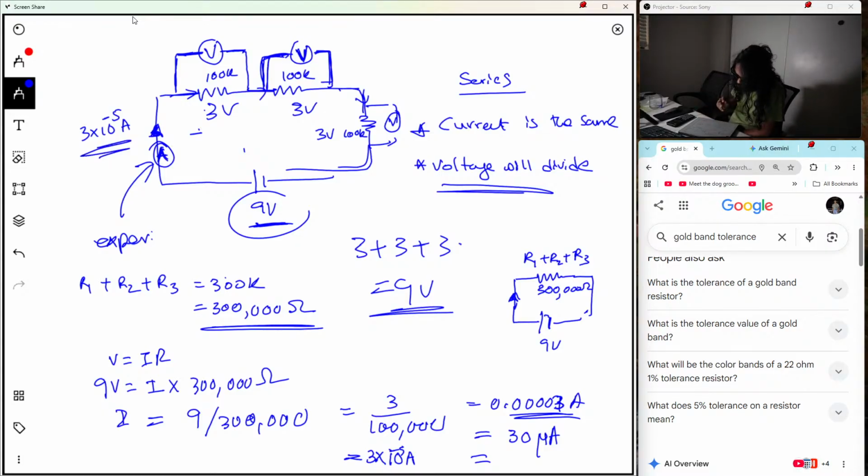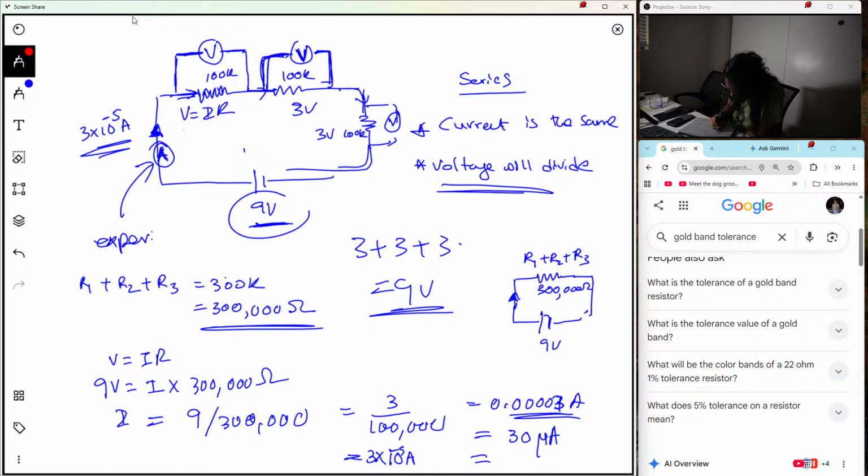Now in order for you to get the voltage across a resistor, if you don't know the value experimentally, you can apply that the current flowing through the circuit will be the same current flowing through this resistor, so you can apply V equals IR. Let's say we don't know how it divides for now.